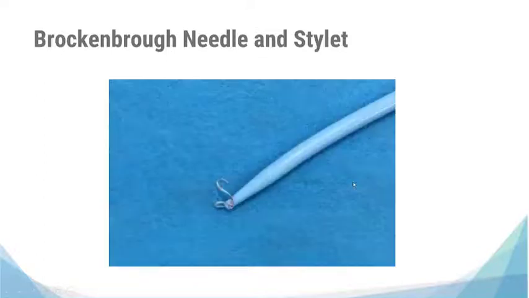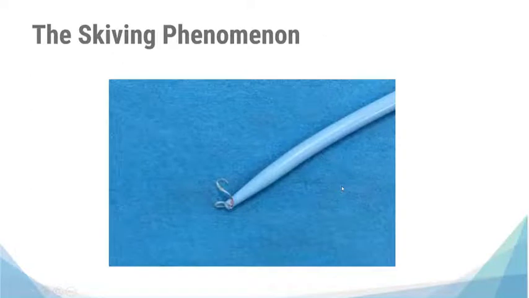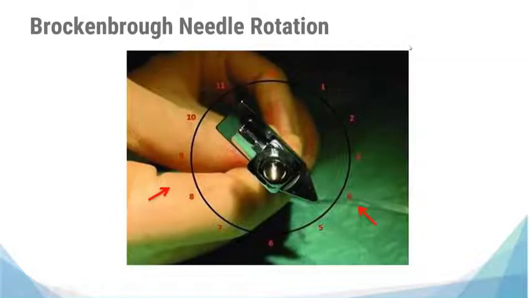If you don't do that, the distal tip of the needle scratches the inner lumen of the dilator and produces plastic particles, which is called the skiving phenomenon. If these particles detach from the dilator, they can embolize and produce systemic embolism, which is something that we don't want to happen.